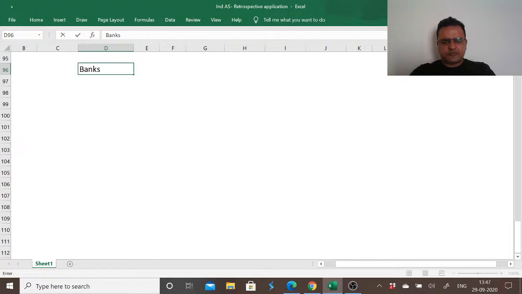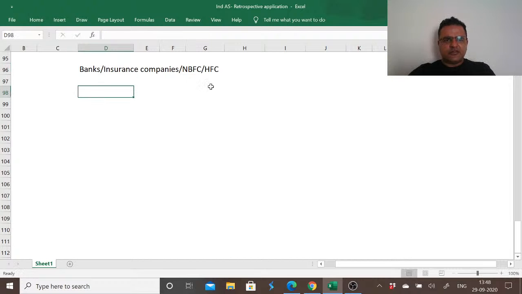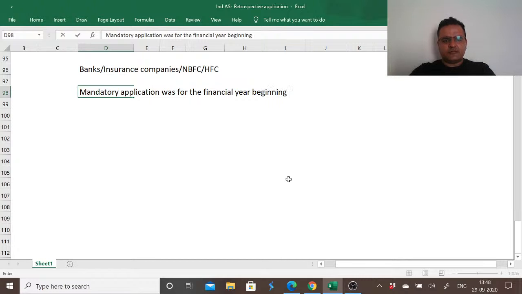Banks, insurance companies, NBFCs, housing finance companies, all these, mainly from the financial sector, had their mandatory application from the financial year beginning 1st April 2018.